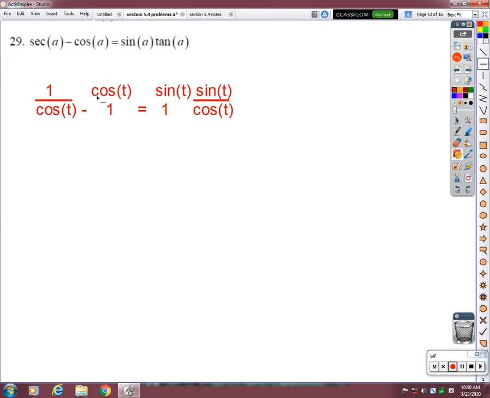I thought I could do some canceling there the way those were written before, but I cannot.